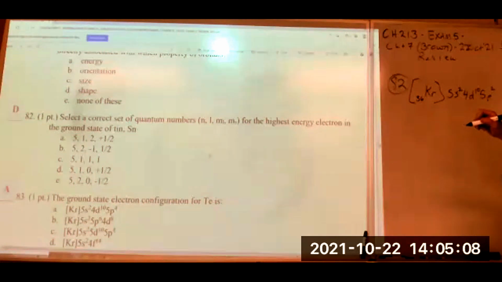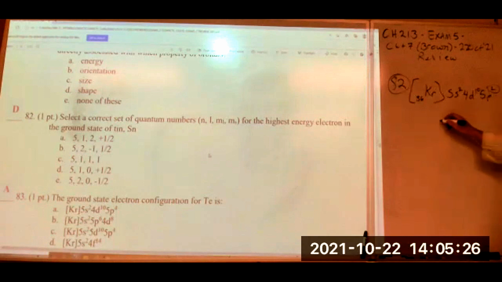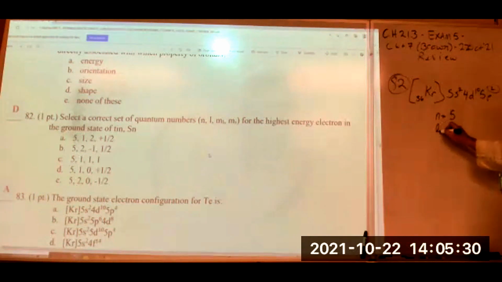Okay, so what would be the highest energy electron in here? Well, if we write it correctly, the highest energy electrons are right there. Right. So what would be the quantum numbers for this? Well, N would be 5, L would be 1, correct?